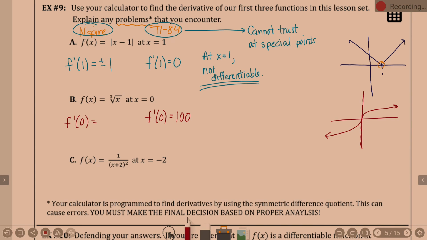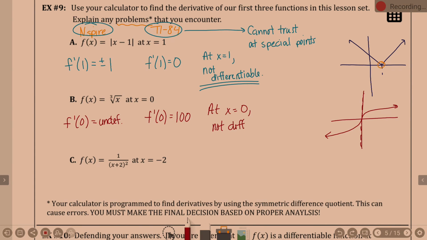On the Inspire, it does actually come up undefined. Again, this is a special case. We have to recognize it's not differentiable because there's a vertical tangent line. So at x equals 0, not differentiable.